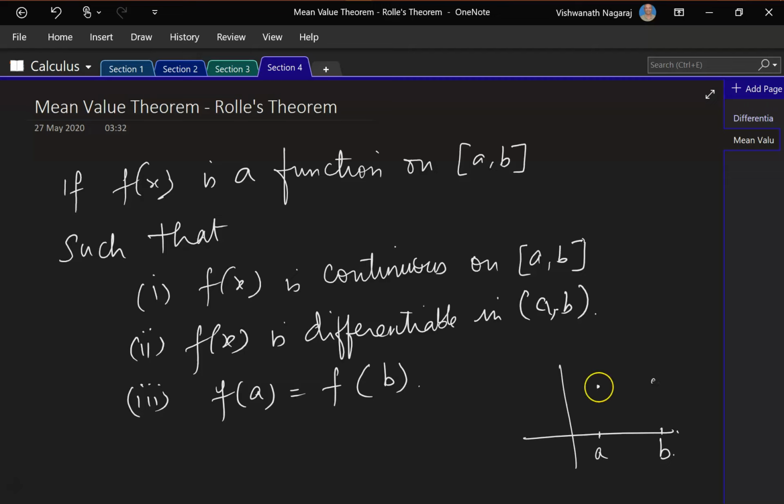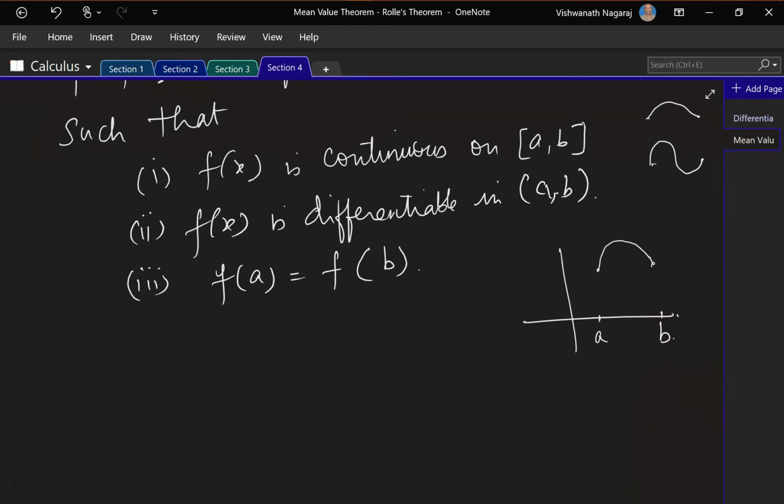That means the curve can do anything it wants in between, right? It can go like this, it can go in any form, say for example, it can go like this also, or it can go like this as well. So the point is, we know that f of a and f of b are equal. Okay, now that you have got that idea, let's proceed with the statement.